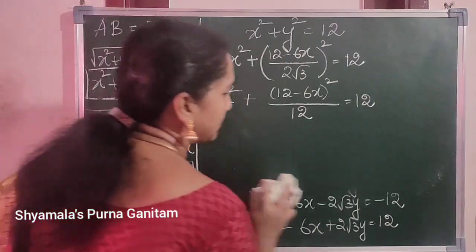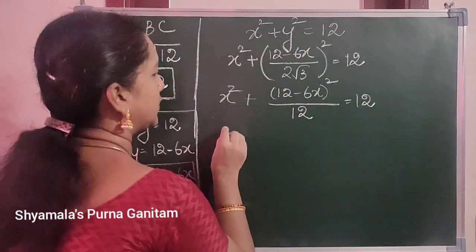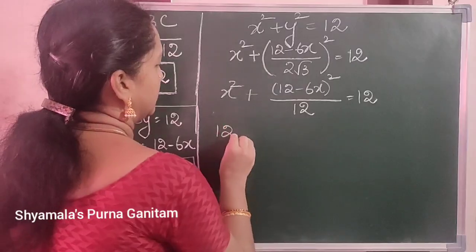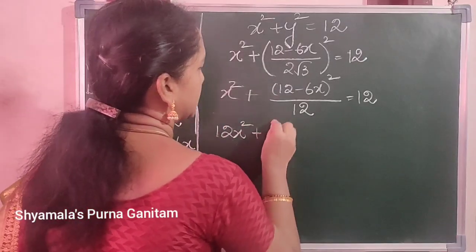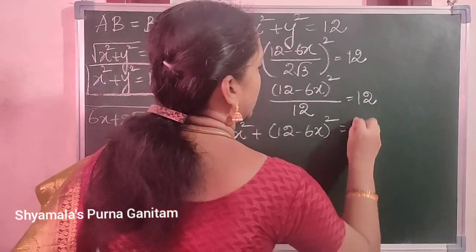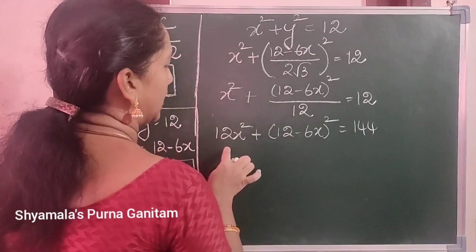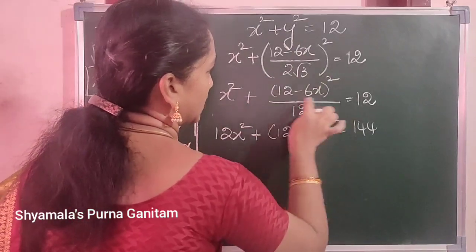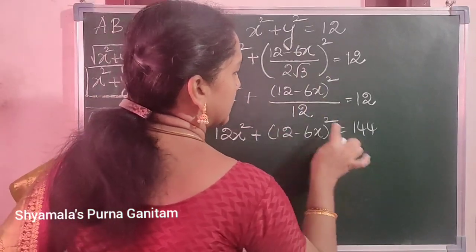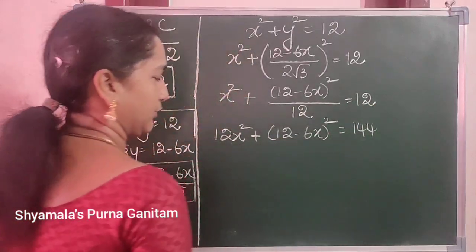Step by step calculation has to be done very carefully. So taking 12 as LCM, I'll get 12x² + (12 − 6x)² = 144, since the denominator is 12.